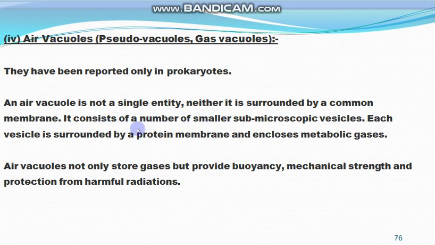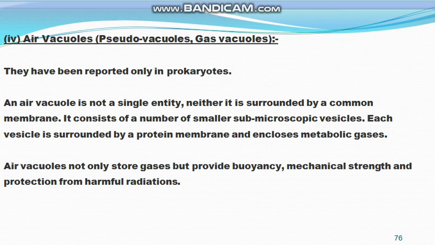It consists of smaller submicroscopic vesicles, and these vesicles fuse to form the air vacuole, and each vesicle is surrounded by a protein membrane and encloses the metabolic gases. So this is the air vacuole.